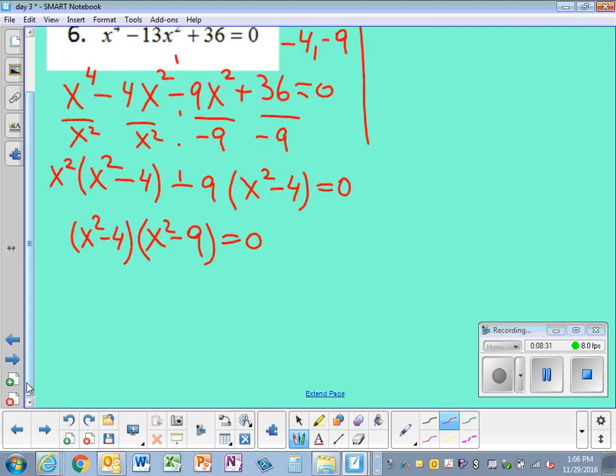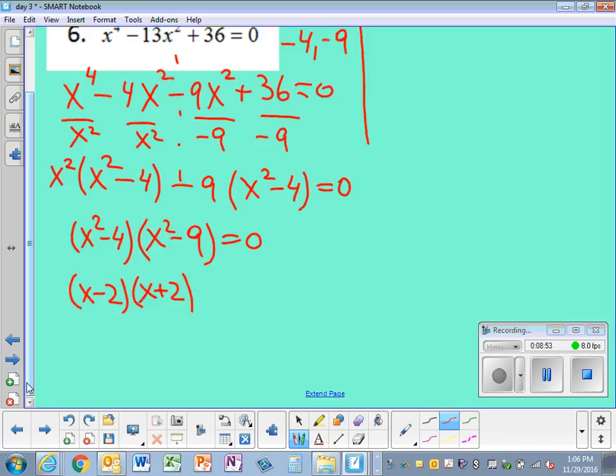Can I factor more? Yes. Both of these factors are differences of squares. The square root of x squared is just x. What is the square root of 4? 2. So I can rewrite x squared minus 4 as x minus 2 times x plus 2, right?